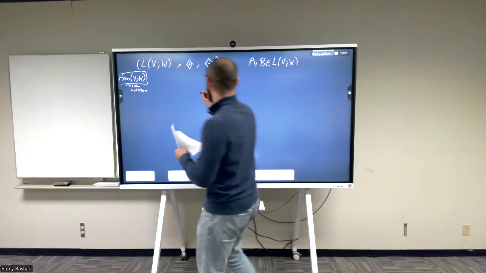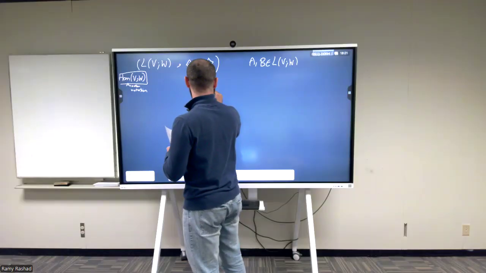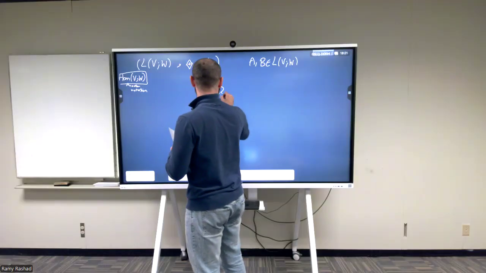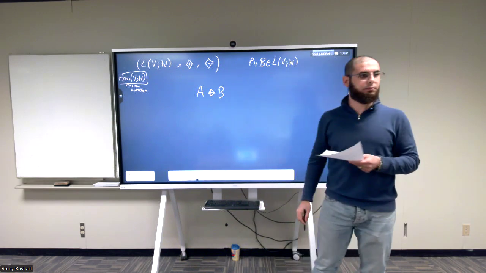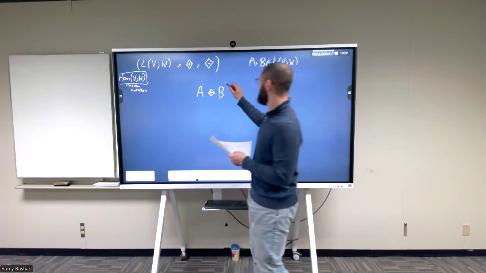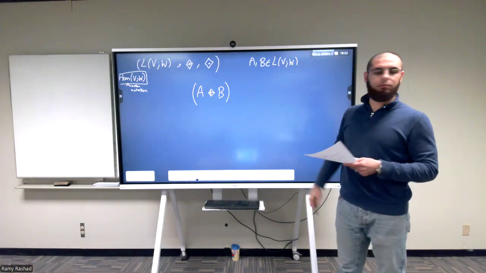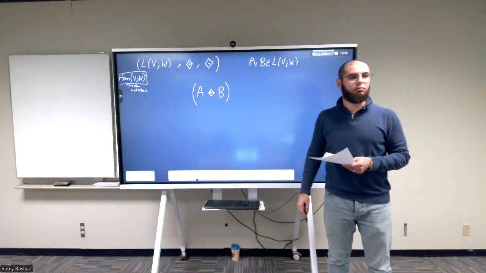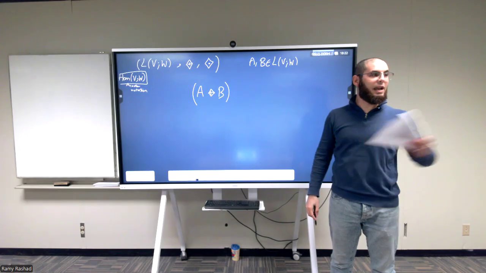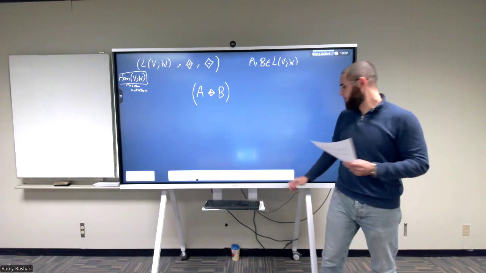So if I want to define the plus between the two maps A and B, how do we define it? Where does it live? It lives in L. Exactly.